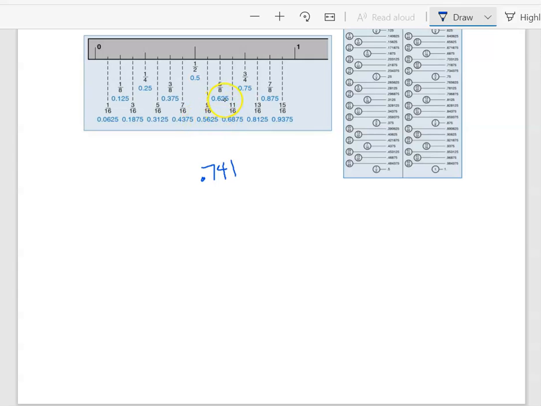Okay, I'm at 0.625 here. If I go to the next one, I'm at 0.68. So I'm still not at 0.74, but if I jump up to the next one, I'm at 0.75. So I know that 11/16 is 0.6875. If I don't know that, and I don't have the table in front of me, I can do 11 divided by 16, and it will tell me that.